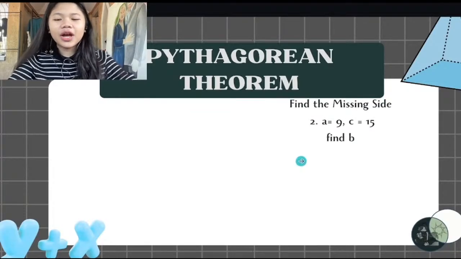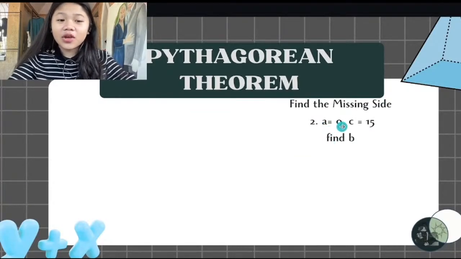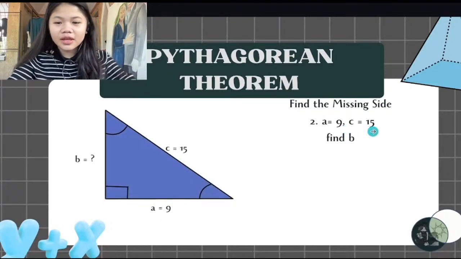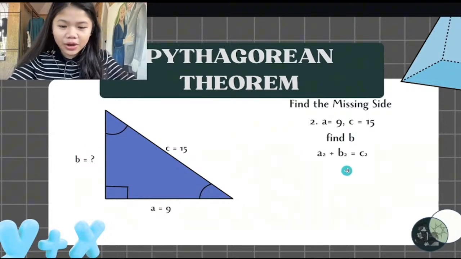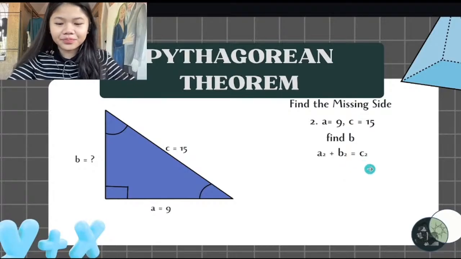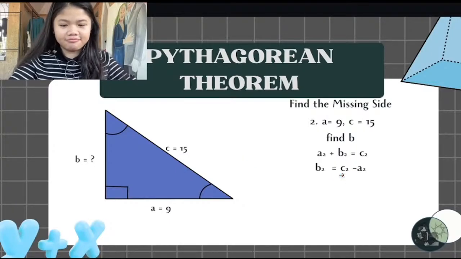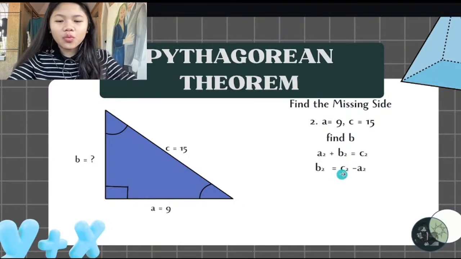Next, we are given a equals 9, c equals 15, and now we're trying to find b. We start with a squared plus b squared equals c squared. Since b is not alone, we need to rearrange the equation. We move a squared to the other side.